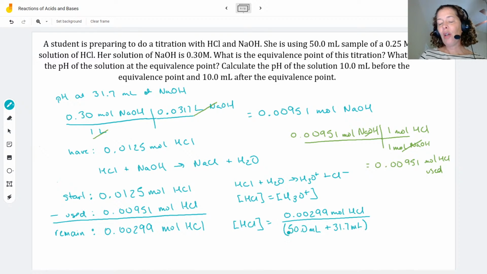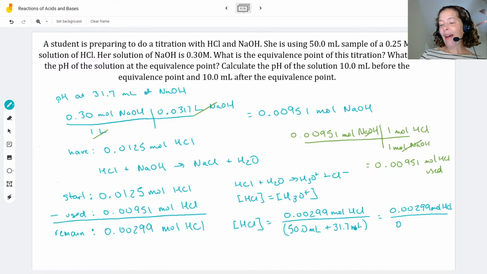So you want to make sure that your volume here is the volume you started with plus how much you have added at this point. And my units here are not correct, are they? Those are milliliters. Those need to be changed to liters. So I am going to rewrite this: 0.00299 moles of HCl.